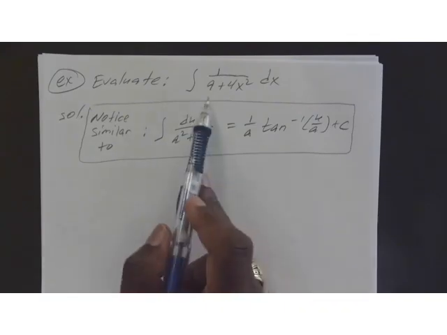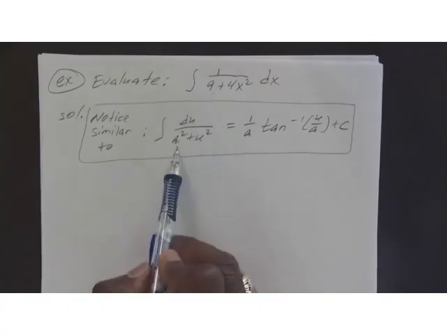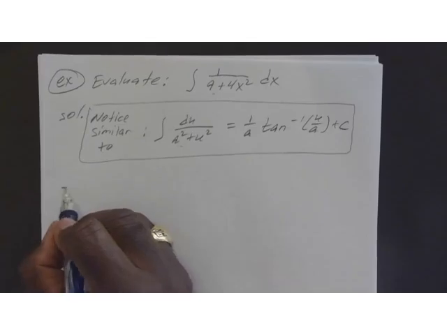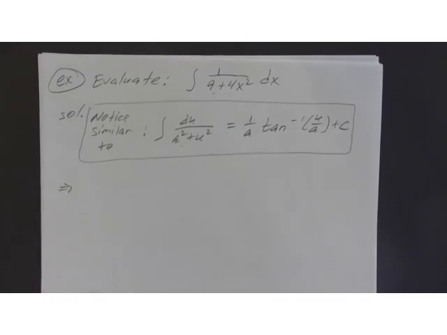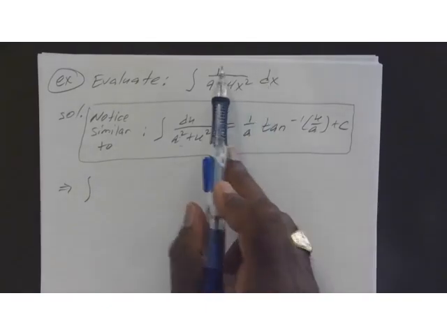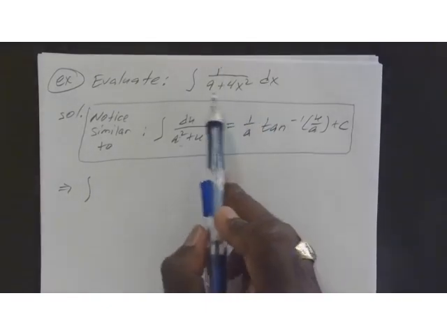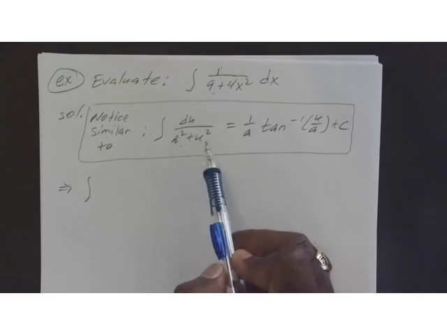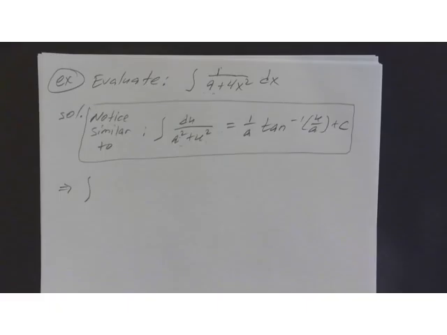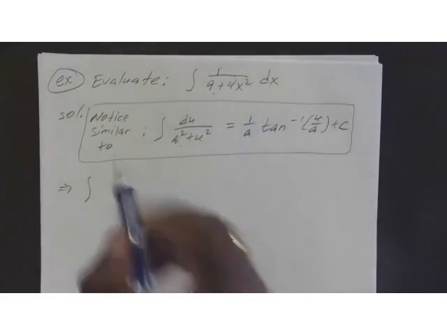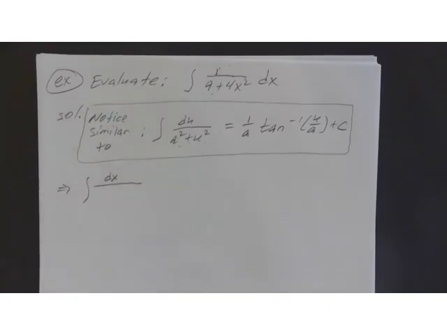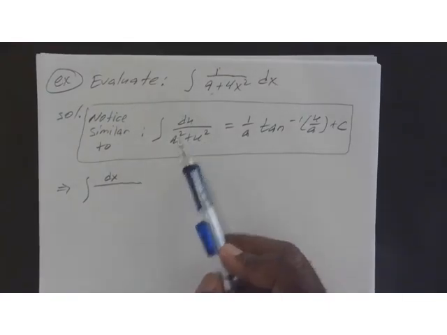So we want to rewrite our integral to where it looks like the formula that it's similar to. So again, that dx, just move that up there. Or you can just say 1 over a squared plus u squared and put the du on the side. I just always put it up top. So that dx, I go ahead and move it up there, divided by a squared.